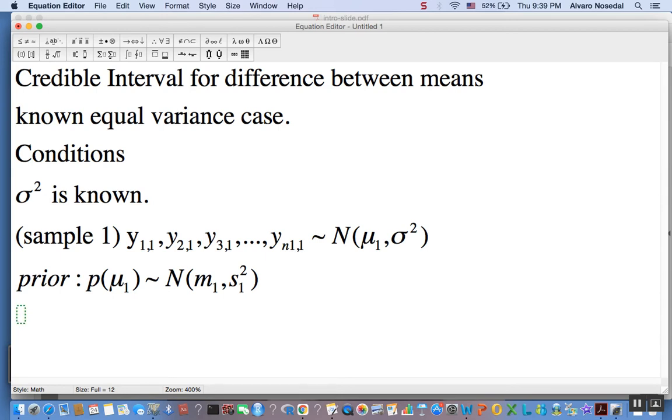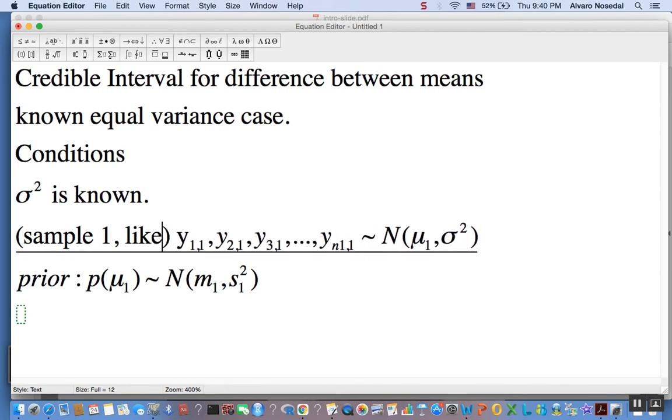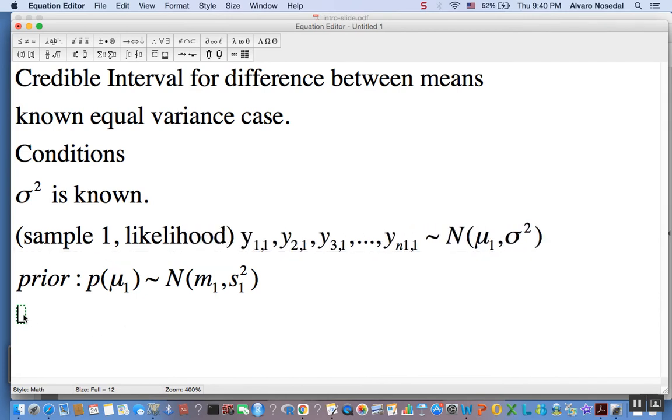So once we have our likelihood and our prior, let me just mention that this represents the sample, which is where the likelihood comes from. Our posterior is a combination of likelihood and prior, using Bayes' theorem to combine them.